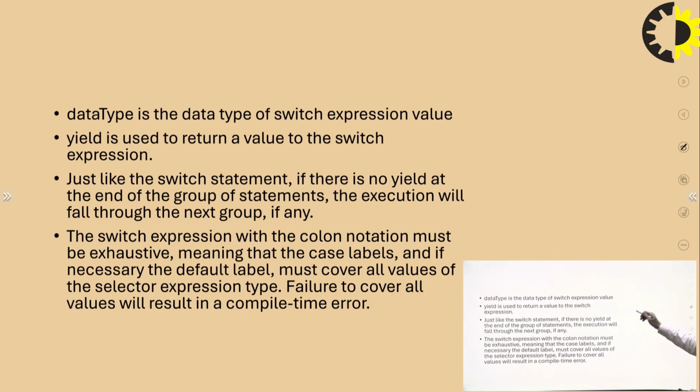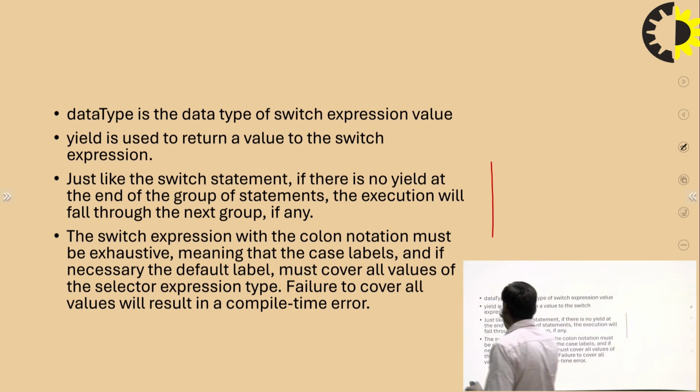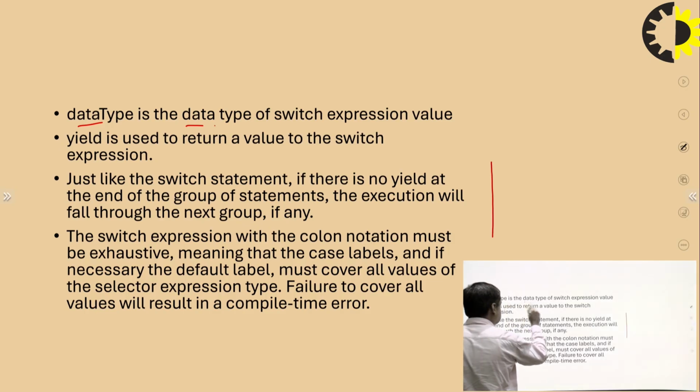It is the same explanation that I discussed. The data type will be the type of the value we receive. Yield is used to return a value to the switch expression.